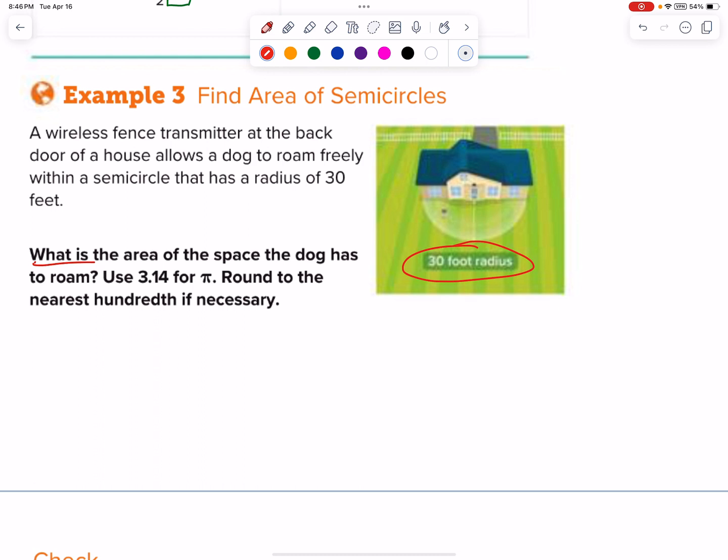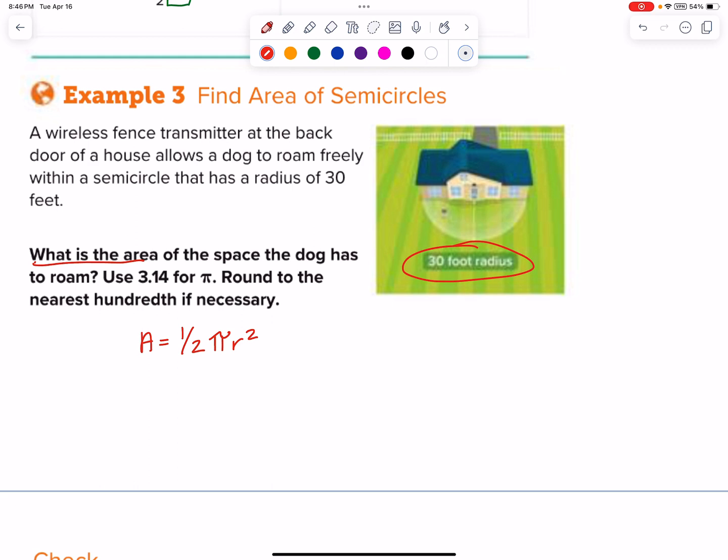And we're asking what is the area. So we're going to use the area formula, pi r squared, but remember, since it's a semicircle, we want to take that and we want to cut it in half. So you could either write it first and say, well, 1/2 pi r squared, okay? Or you could write pi r squared and then divide it by 2.